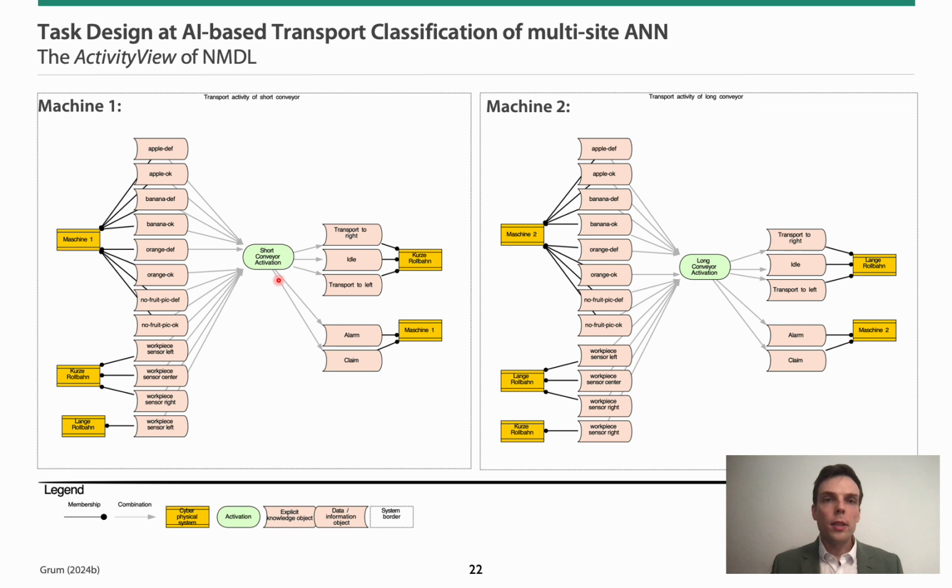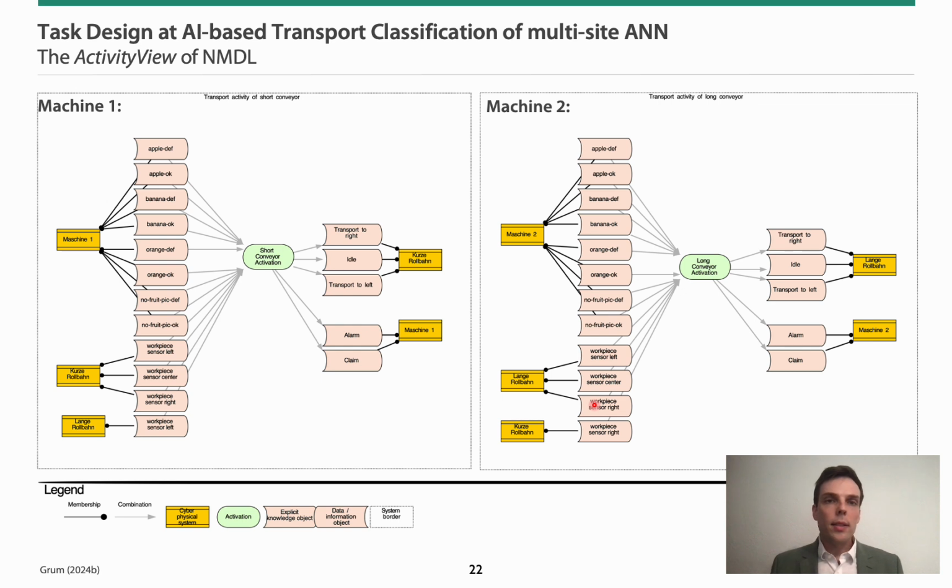The cyberphysical system's individual environment perception served as further activation input. In the case of machine 1, it referred to these modeling entities. In the case of machine 2, this referred to these kind of modeling items.